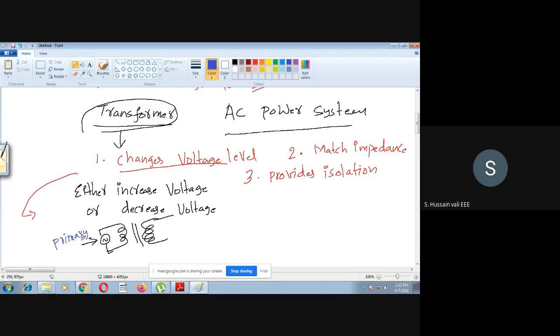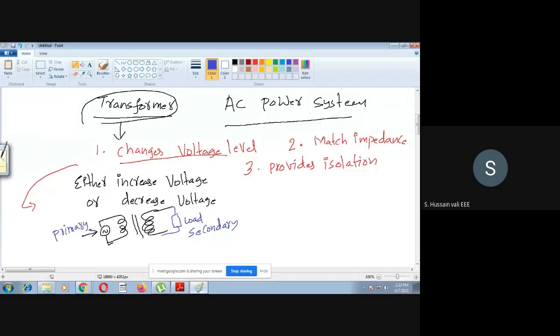The side on which you are giving supply, you call it the primary side. The side on which you connect the load, you call it the secondary side. So whichever side you connect the supply, that side is the primary. Whichever side you connect the load, that side is the secondary. So at least it has two sides.